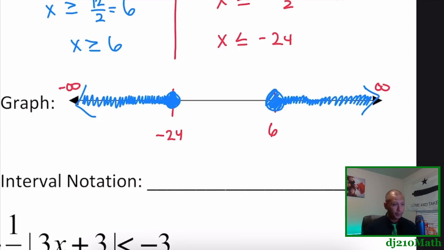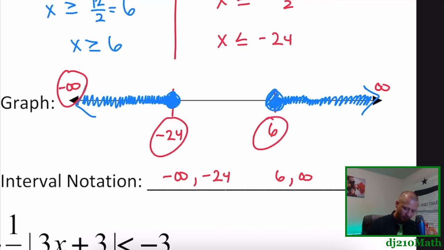All right, for the interval notation, you literally just grab all the numerical components in order. So what do I mean by numerical components? From left to right: negative infinity, negative 24, 6, infinity, right? They're in the order in which they appear.